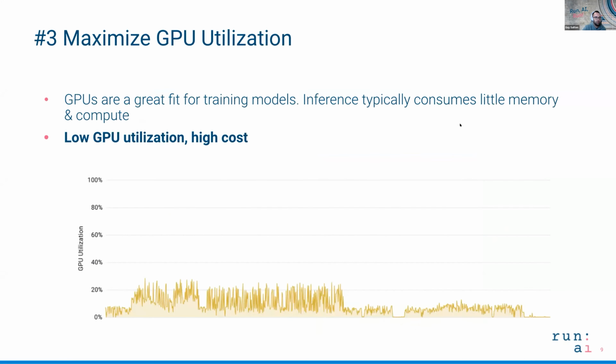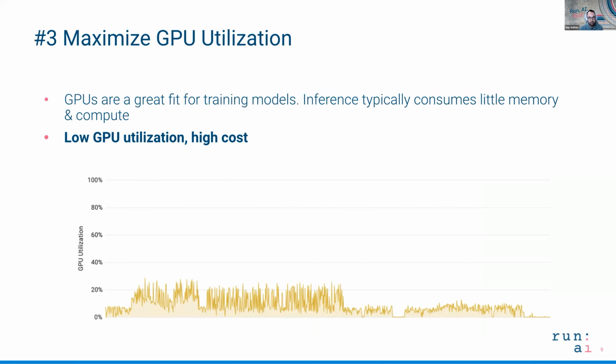However, the next one, maximizing GPU utilization, is unique to machine learning and to model serving systems. As some of you might know, GPUs are very commonly used for model training, because GPUs are a very good fit for taking a very large data set and iterating through it very quickly.